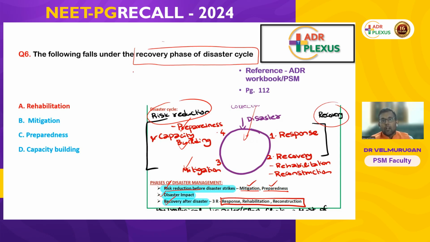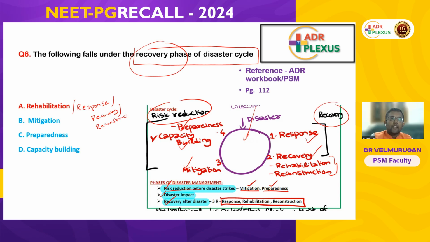So they are asking what falls under the recovery phase. The things falling under the recovery phase are response, recovery, rehabilitation, reconstruction. We have immediate response, like doing a triage. Then we have to do recovery, rehabilitation, reconstruction.